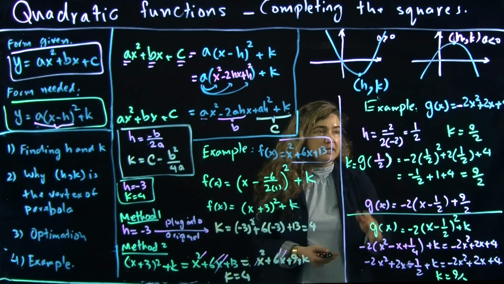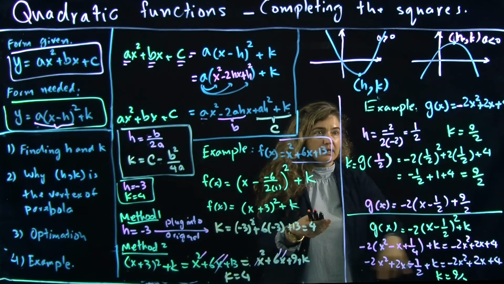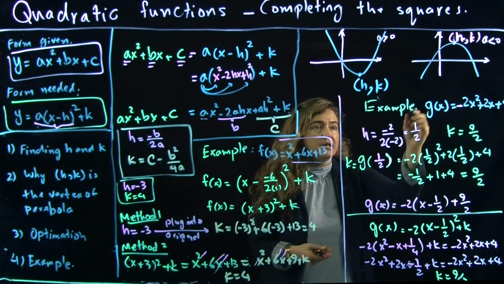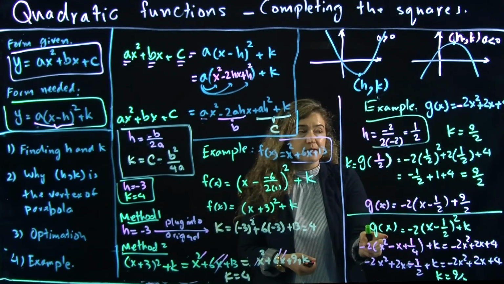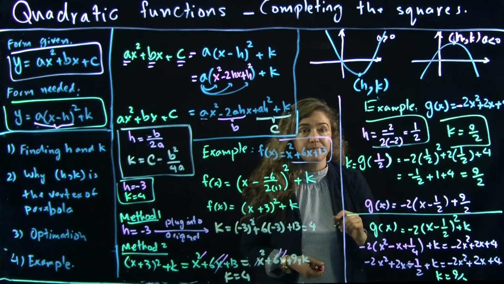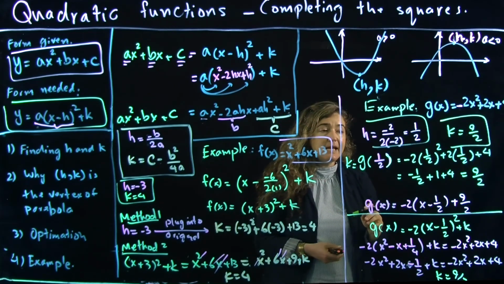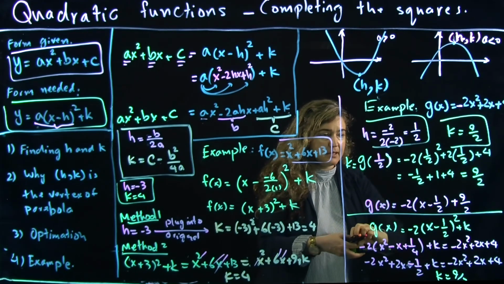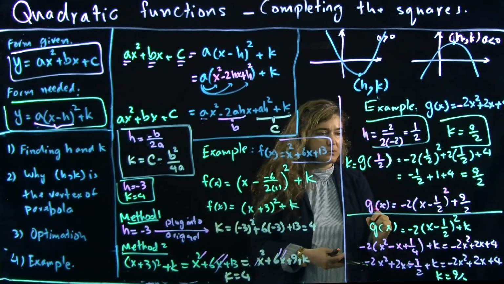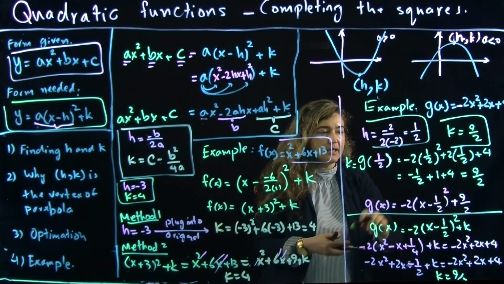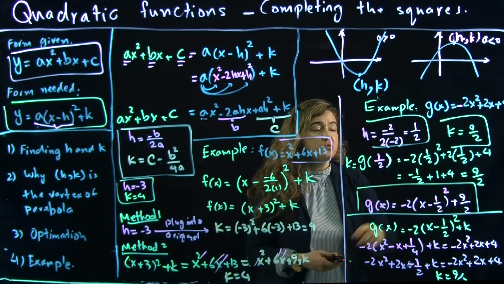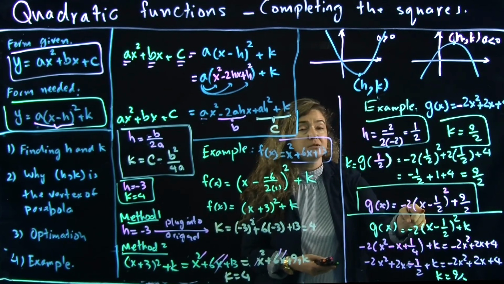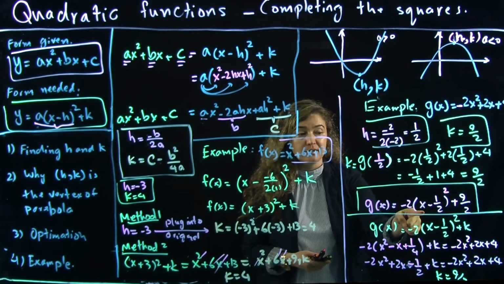And then you rewrite it. So let's recap. You find h. You use either this method or this method to find k. And then this is the important part. Oh, this 2 is missing here. The important part of it is that you rewrite your g of x into the completed square form.